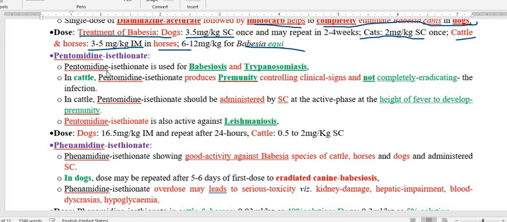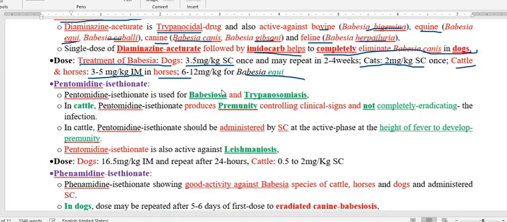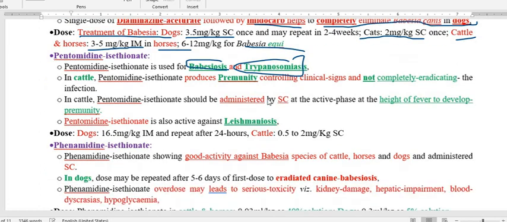Next, from the same group, aromatic diamidines, is pentamidine isethionate. This pentamidine isethionate drug is showing good activity against Babesia as well as Trypanosoma. However, diminazene aceturate also acts against both Babesia and Trypanosoma.